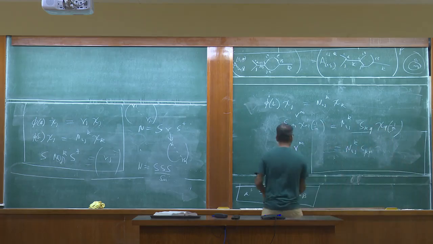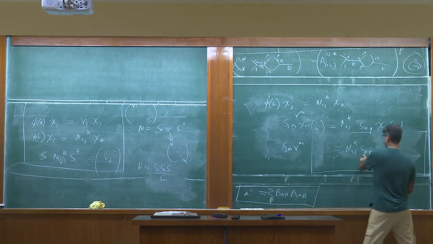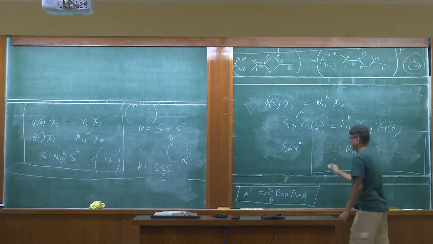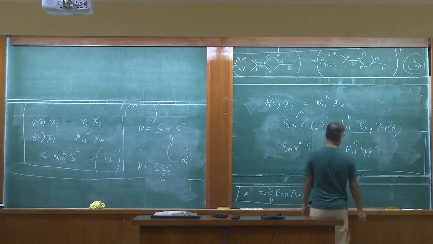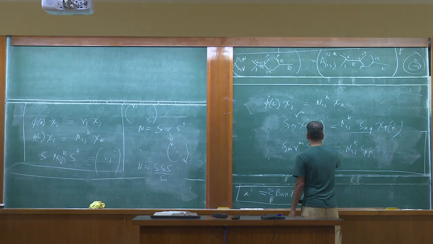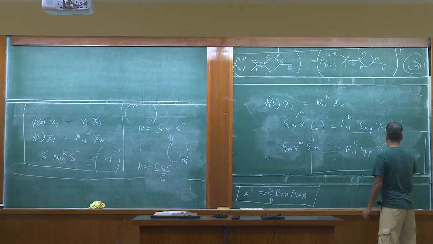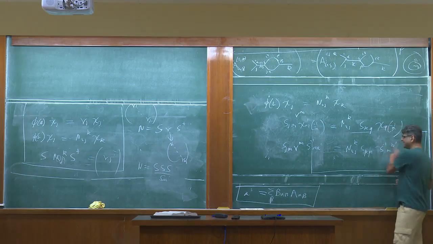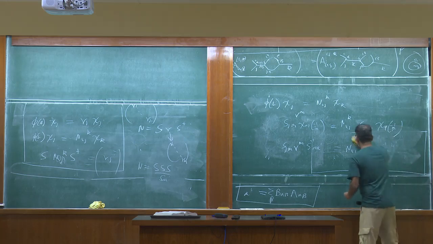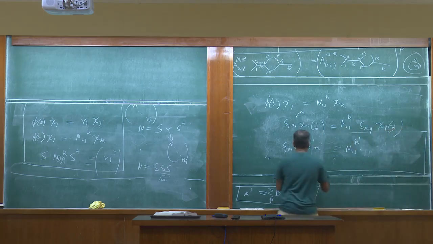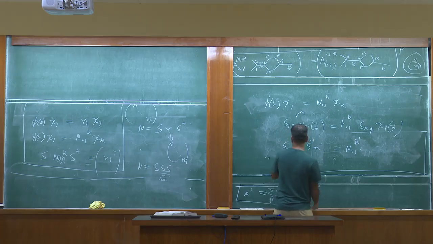And now we can multiply by S inverse m k prime. This gives delta k k prime. Okay, so this is the equation in indices.